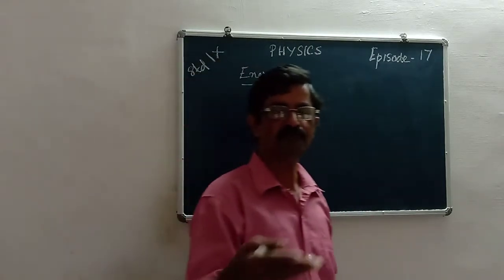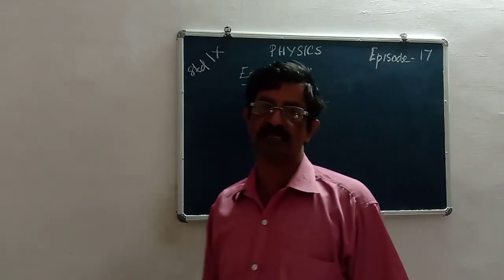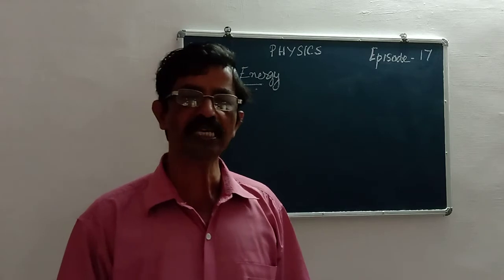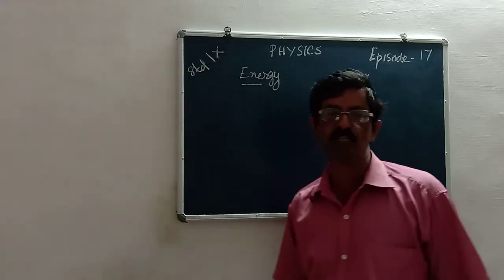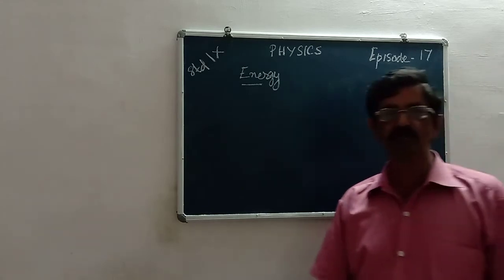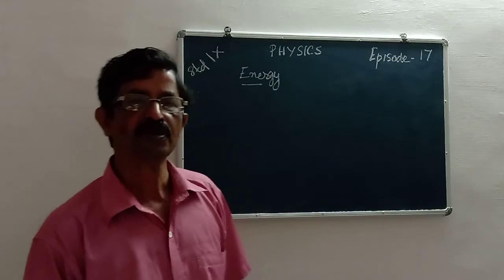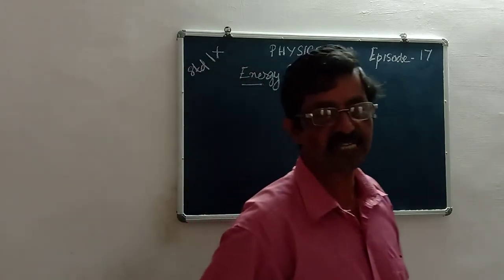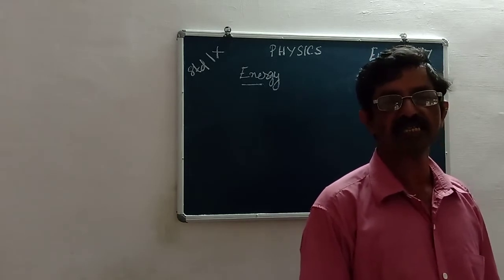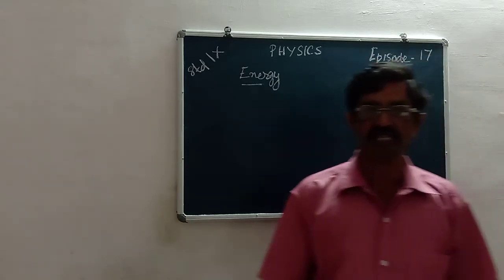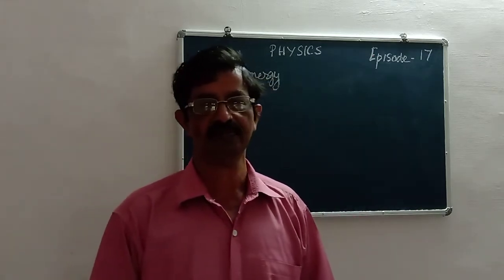Then we get energy from other sources also, from the nucleus of an atom, from the interior of the earth, and from tides. These are the natural sources of energy.